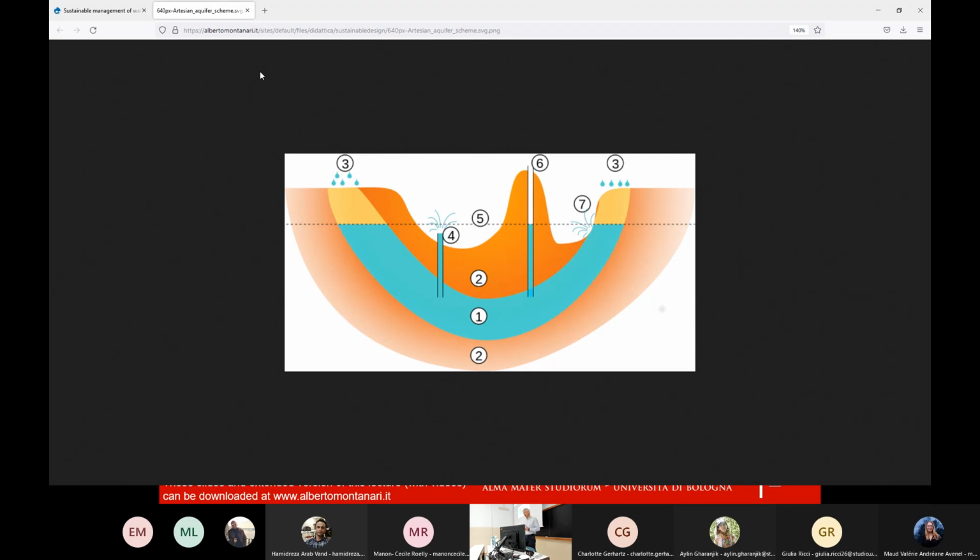And the usual recommendation is to try to diversify the sources. If a community takes water only from groundwater, it's a problem. We need to mix surface water resources and groundwater resources, to diversify the sources, because if one goes wrong, then there is the B plan, and possibly we recommend the C plan, the D plan.